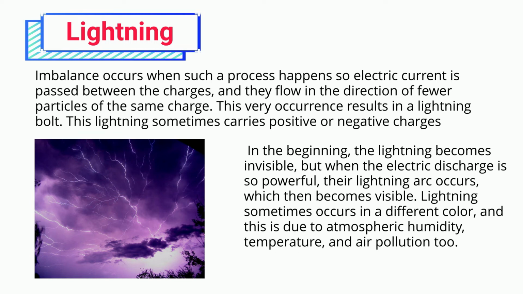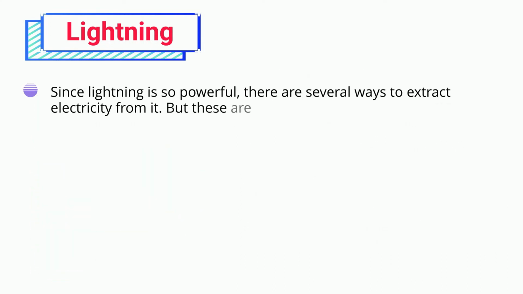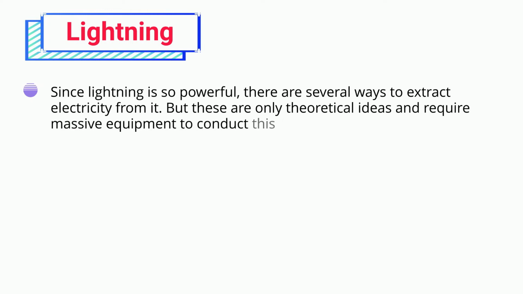Lightning sometimes occurs in a different color, and this is due to atmospheric humidity, temperature, and air pollution too. Since lightning is so powerful, there are several ways to extract electricity from it. But these are only theoretical ideas and require massive equipment to conduct this experiment.